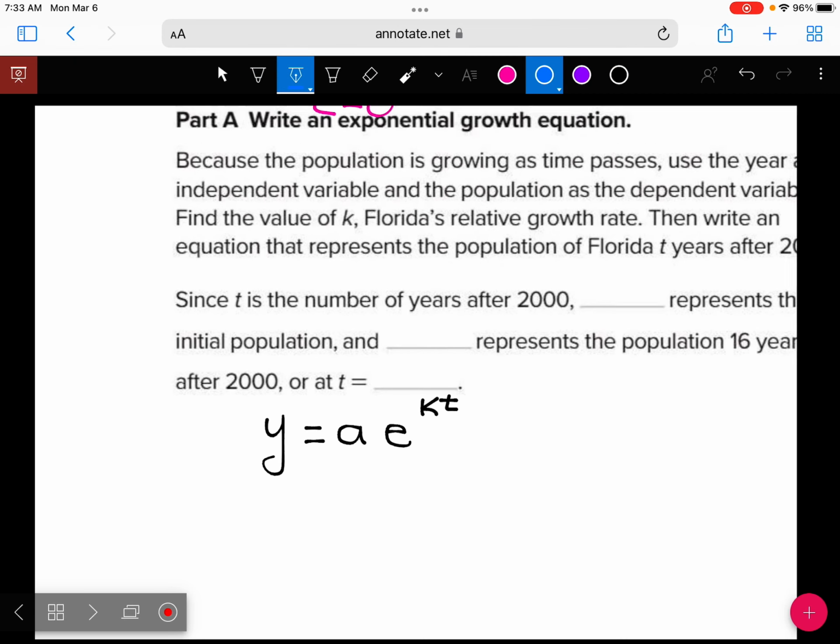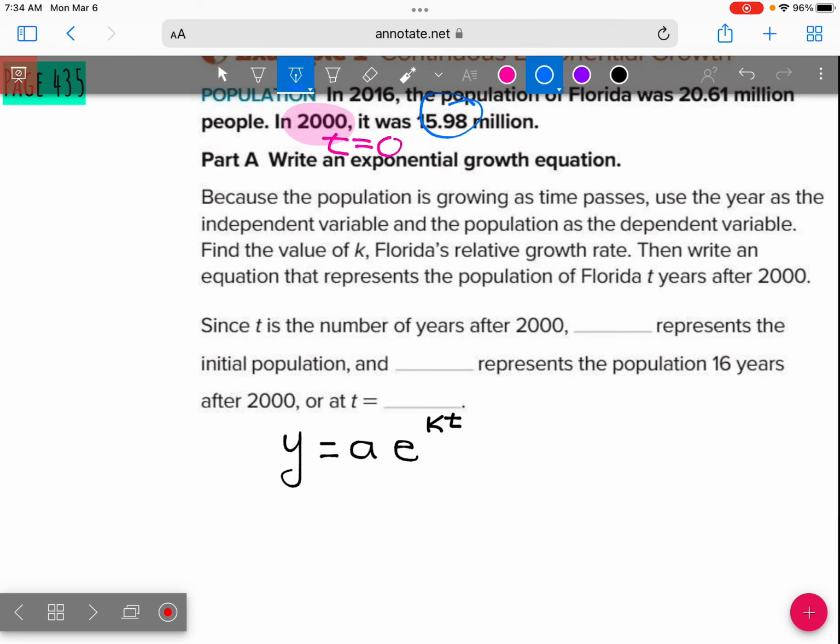When we go into our equation, our starting amount is going to be the 15.98. That's actually what this little gap right here is asking you, 15.98 right here.